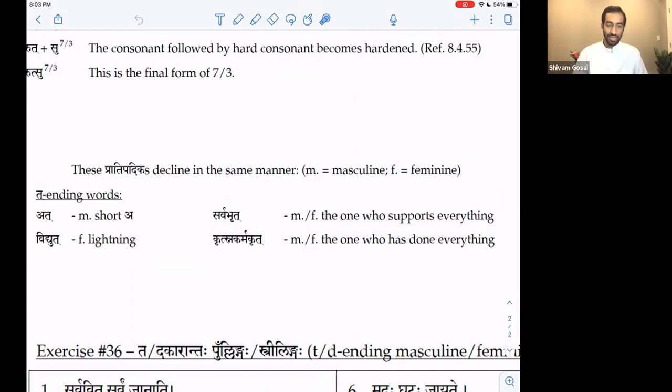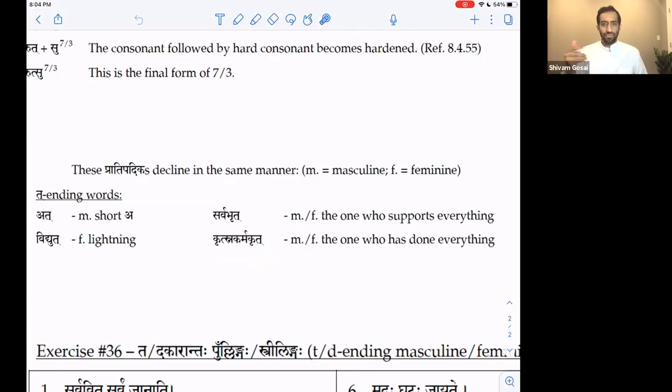There was a big lightning storm in Boston yesterday, Vidyut. And then Kritsna Karma Krit. This comes in Bhagavad Gita. Kritsna Karma Krit, one who has done everything. So this is also this same takara ending.